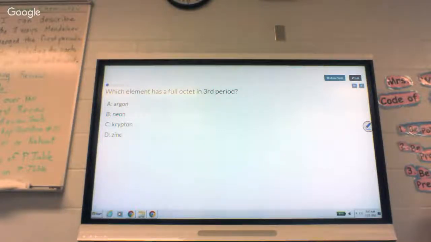Which element has a full octet in the third period? All right, 11 right answers, very good.